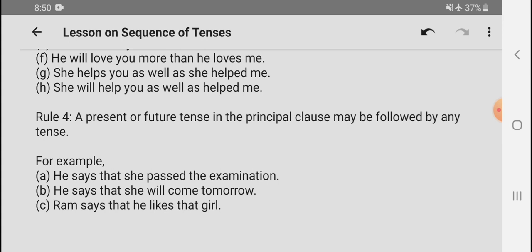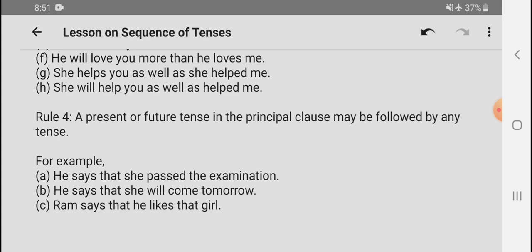A present or a future tense in the principal clause may be followed by any tense. So in here you can see, if your principal clause is in present or future tense, here present means any of the 4 tenses under the present tense, or any of the 4 tenses under the future tense, then the subordinate clause may be in any tense.